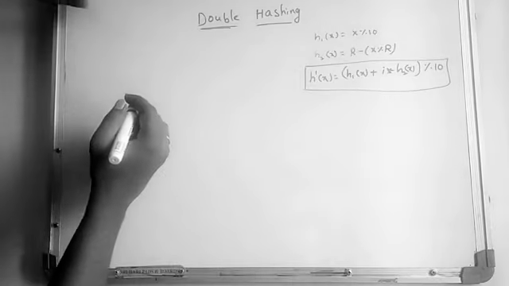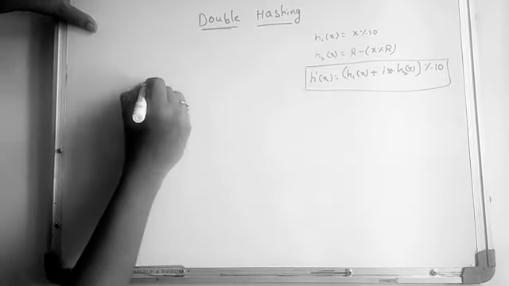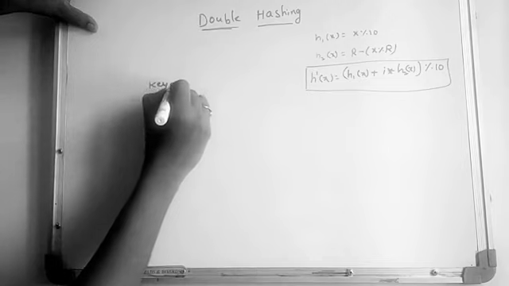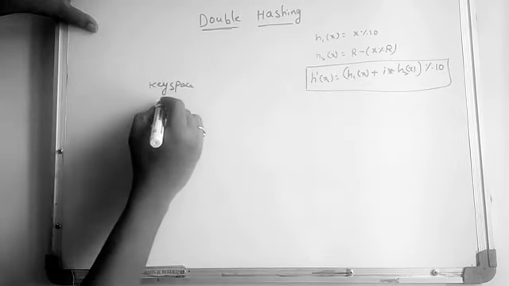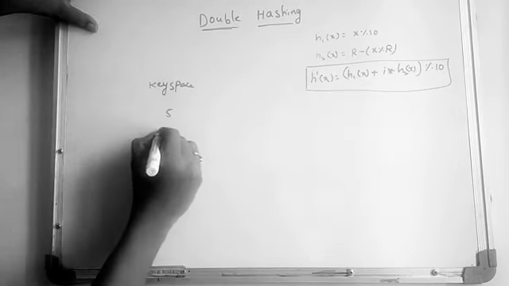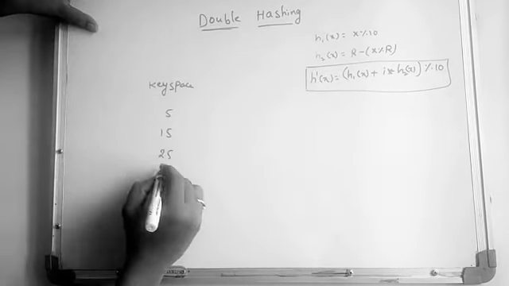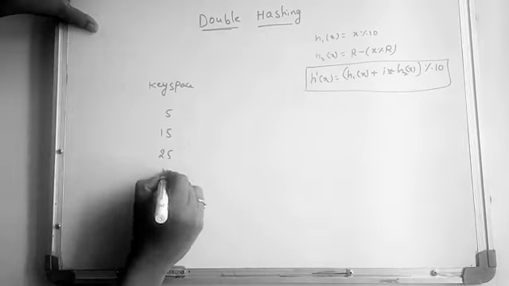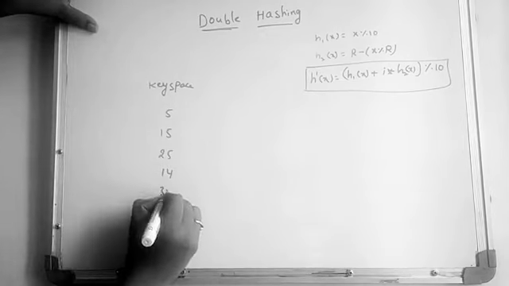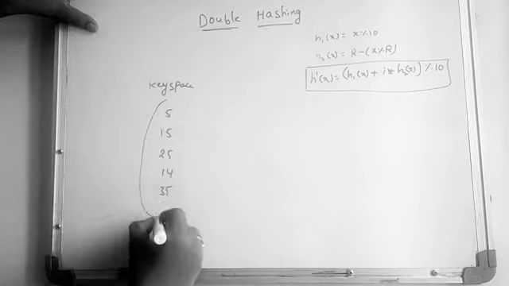The example key space has some keys like 5, 15. I will take only the collision cases, the rest of the elements are stored as they are, and one more element, 34. These are the key space.